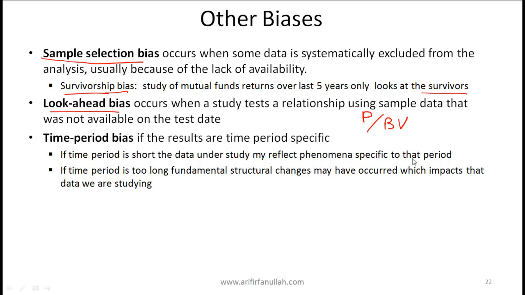For example, if you are predicting or measuring EPS numbers and you only take Karachi Stock Exchange data for the last 1 year, the economic situation in the last 1 year has not been representative of the last 10 years, for example, and hence if you just use 1 year's worth of data, then there might be a time period bias, so bias towards whatever happened in the last year.